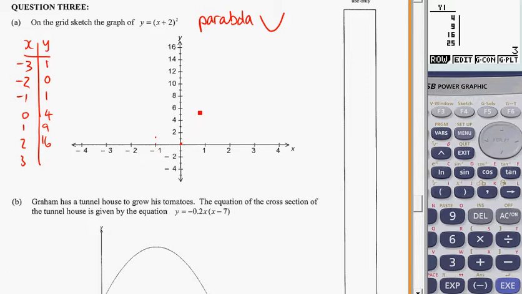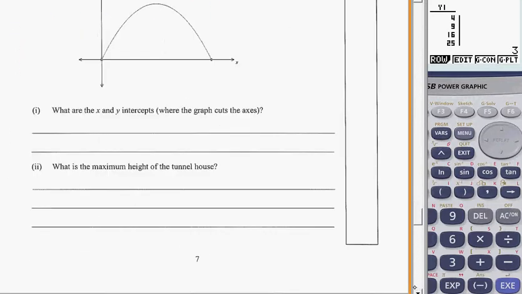So plotting these points, -3 goes to 1, -2 is 0, -1 to 1, 0 maps to 4, 1 to 9, 2 up to 16, and once again we have our basic parabola. Try and get it as close as you can through the points, and perhaps show a bit more with the symmetry showing through. Right, next question, onto a practical one.